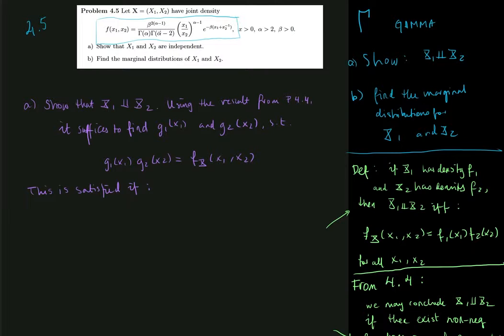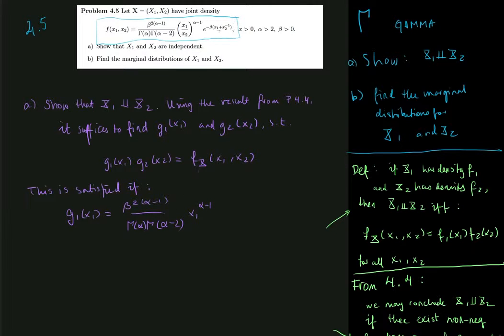So I can just take in this constant in either g1 or g2. That doesn't really matter. So I'll just put in the whole constant in g1. So that is satisfied if we just let g1 be this entire humongous constant multiplied by x1 to the alpha minus 1.